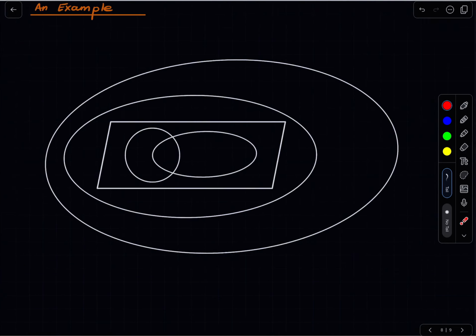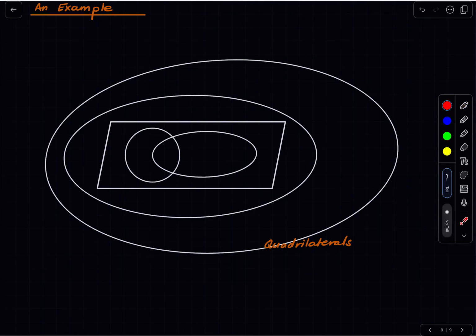And now let us end this lecture with a very simple, not a very simple maybe, but a very interesting expression of geometric facts that we learn in high school. So the big blob here denotes the set of all quadrilaterals. A quadrilateral is a geometric shape which has four sides.